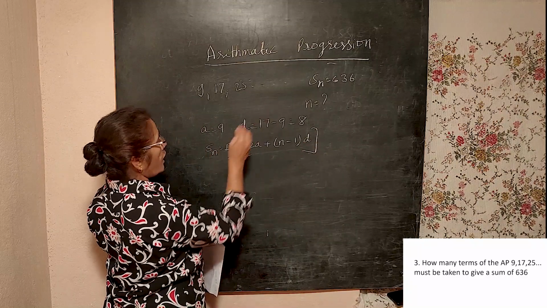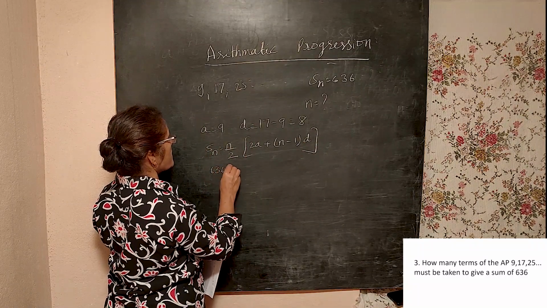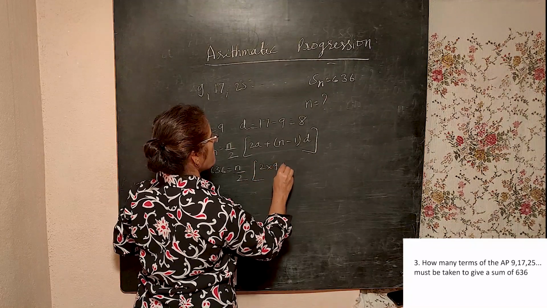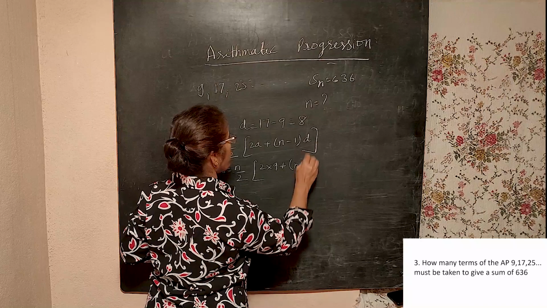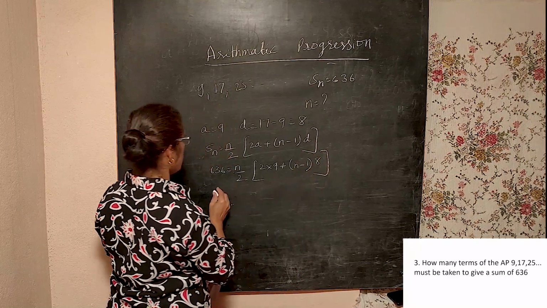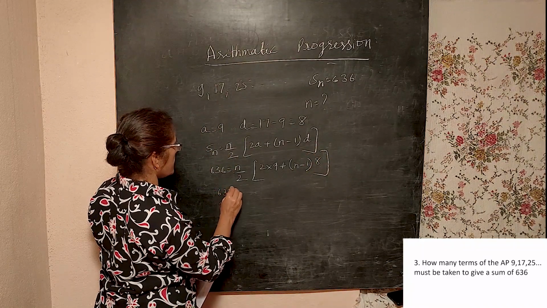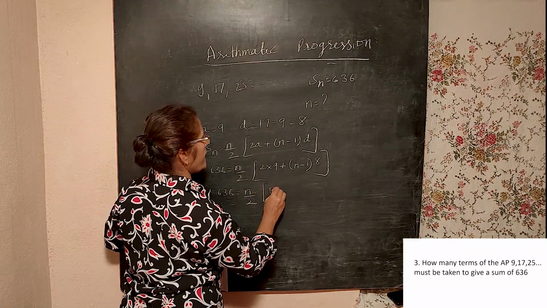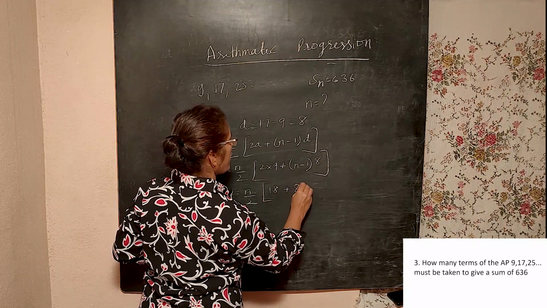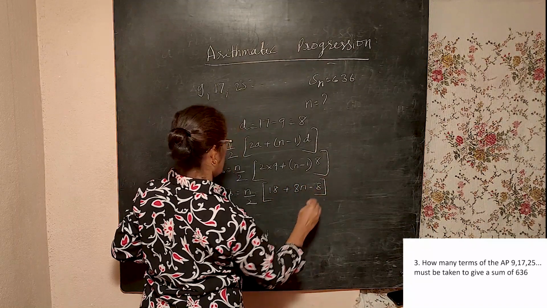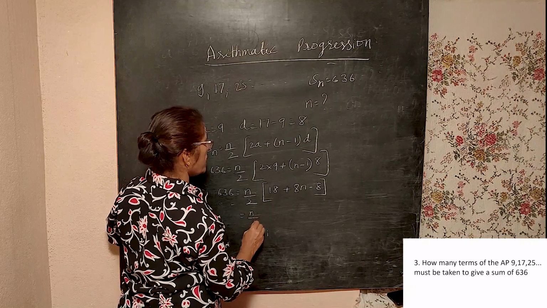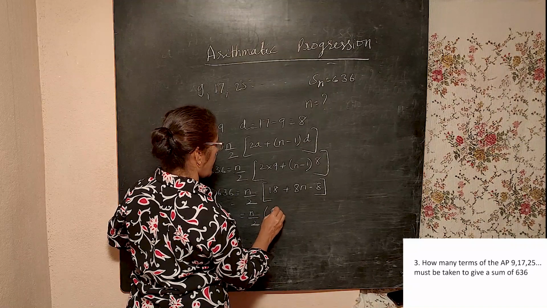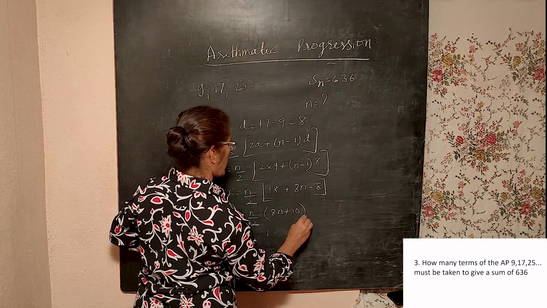Sn, how much is given? 636 is equal to n by 2 into 2 into 9 plus n minus 1 into d, which is 8. 636 is equal to n by 2 into 18 plus 8n minus 8. 18 minus 8 is 10, so I can write 8n plus 10. 2 is common.